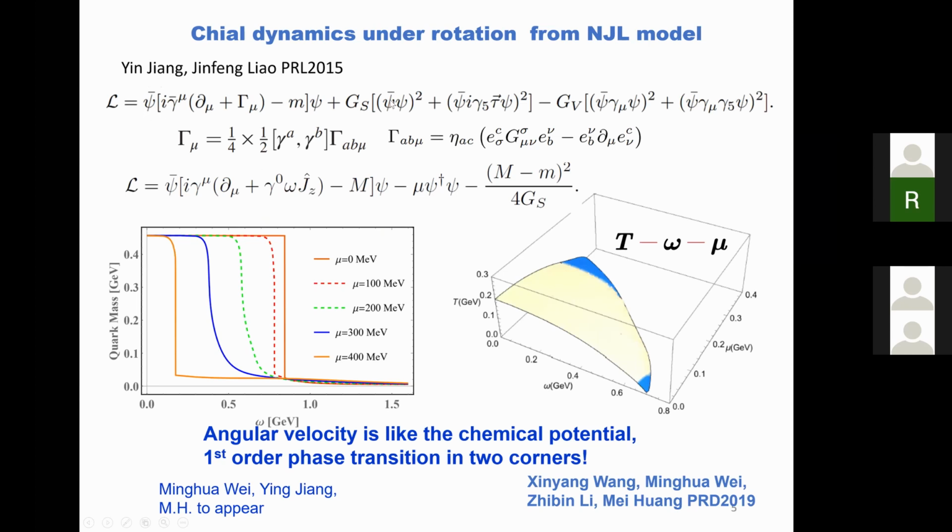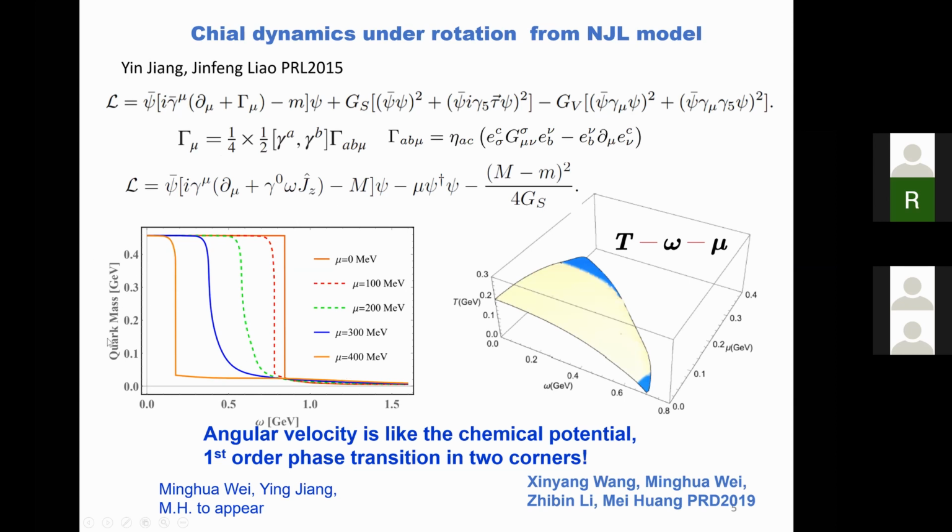We take the two-flavor NJL model, and the angular velocity is taken into account by the spin connection. This is equivalent to taking into account the shift of μ by Ω j. With this, we can investigate the chiral phase transition.